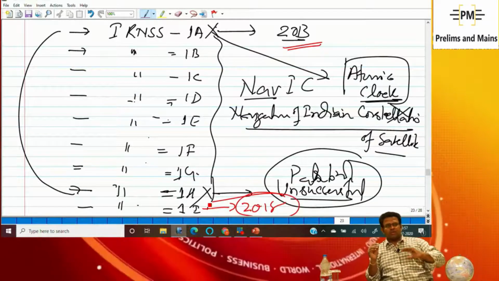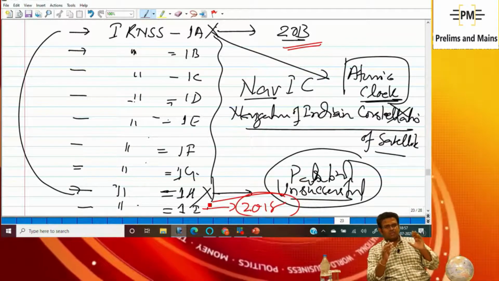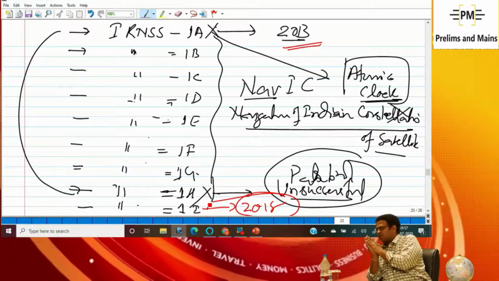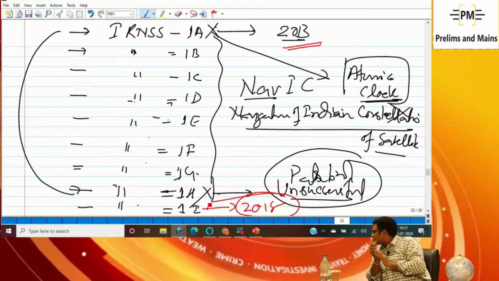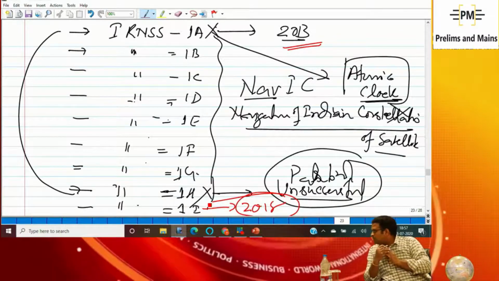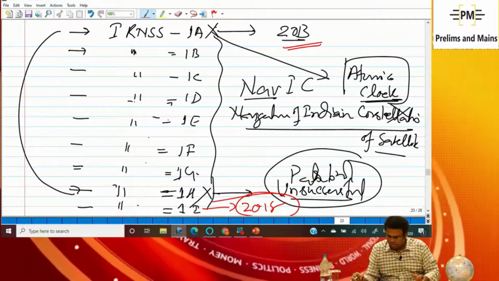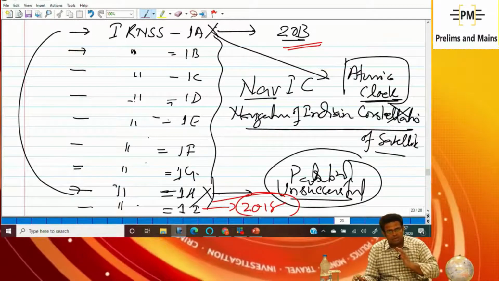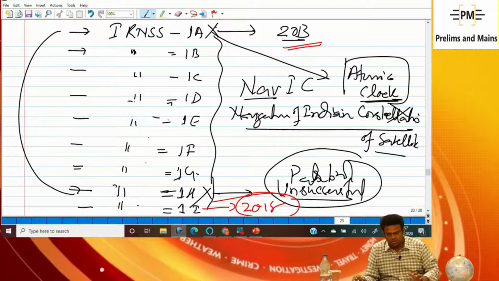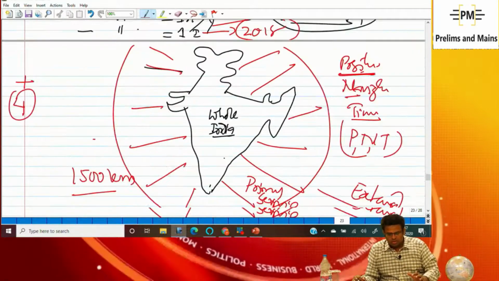From 2013 to 2018, IRNSS was completely established in the geo orbit, 36,000 kilometers above, in geosynchronous earth orbit, with 4 and 3 in the geostationary earth orbit. So from 2013 to 2018.